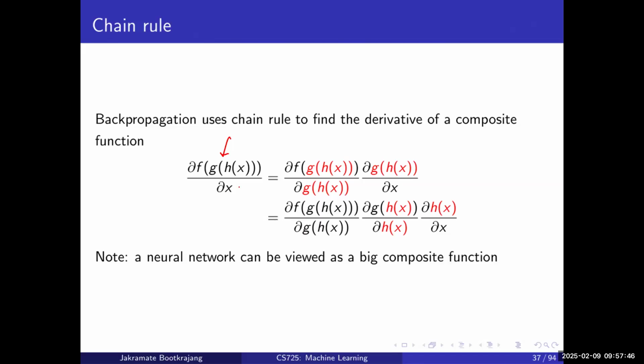Now for the chain rule, you can take the derivative of just g, and then you take maybe one variable. And then you can expand this even more, to the derivative of h of x, so that each of the three parts is easier to compute.